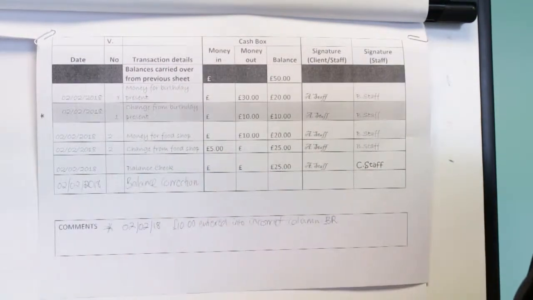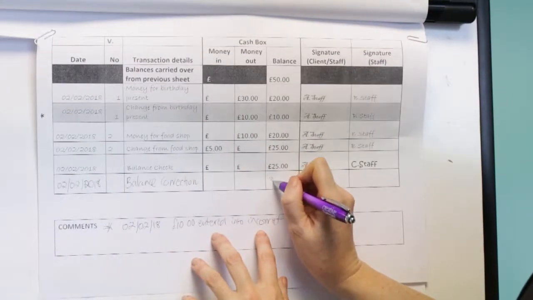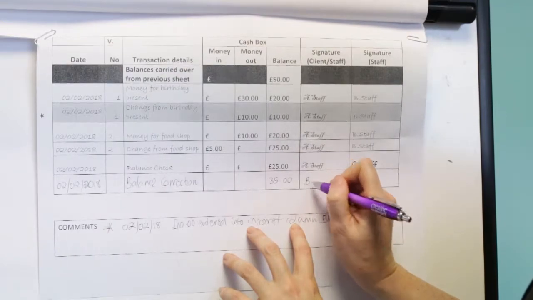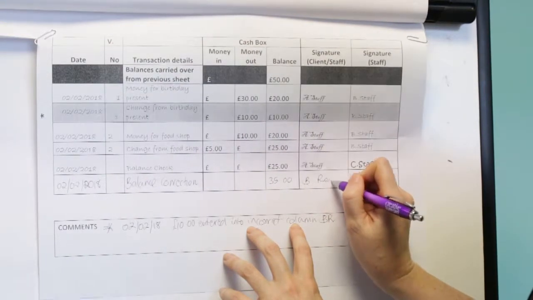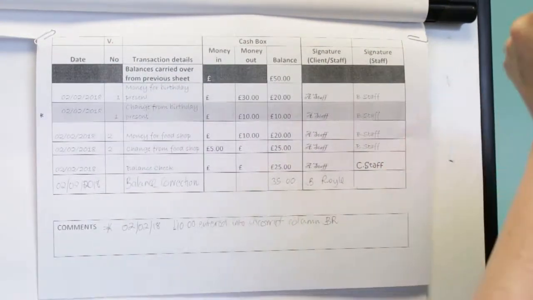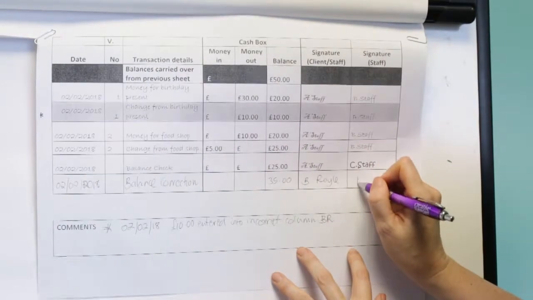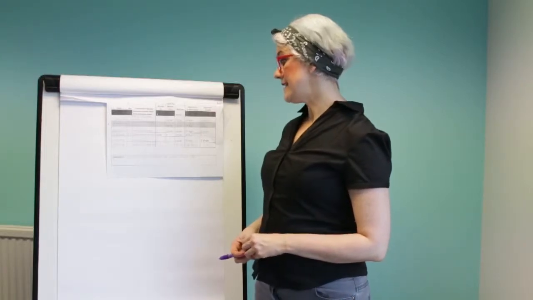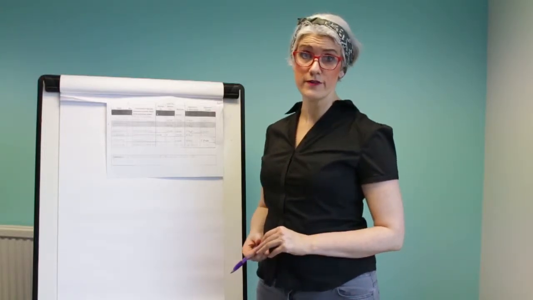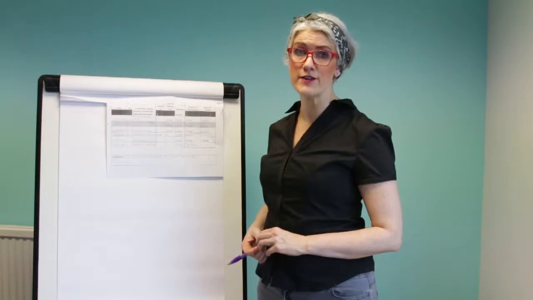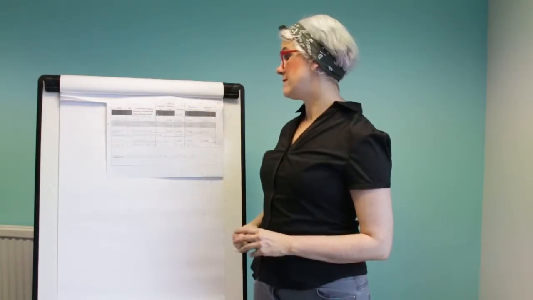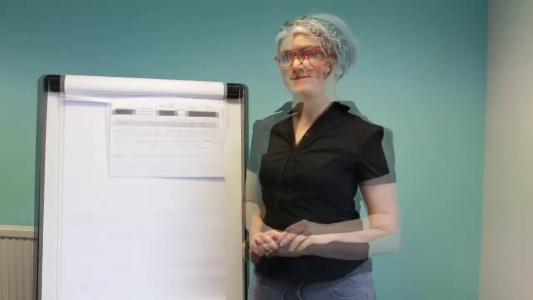And the correct balance, which is £35, and we're going to sign it. In this case, because I'm lone working, I'm going to write LW in there, but you can also write lone or lone working. This makes it clear to anybody else coming in to look at the books, whether it's a colleague or a manager, exactly what happened and what the actual balance held in the tin is.